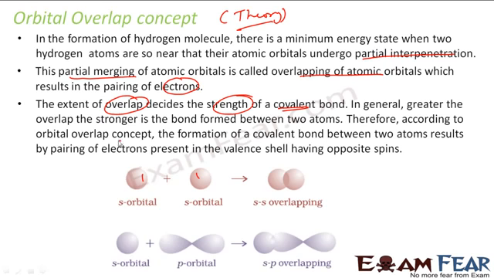So according to the overlap concept, let's understand once again. The formation of a covalent bond is the result of pairing of electrons present in the valence shell of two different atoms, and they have opposite spins. So there is one spin here, one spin here. I'm talking about the valence shell, and they overlap and they get something like this. Correct?